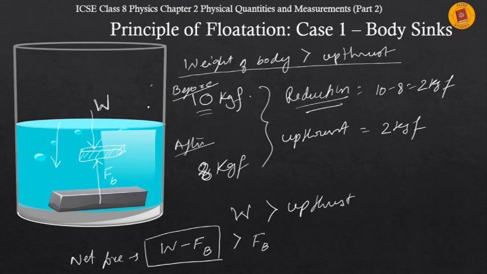If we apply the numerical values, W is equal to 10 kgf and the buoyant force Fb is 2 kgf, so the net force will be 8 kgf, in the downward direction. And since 8 is greater than 2, it will sink down.